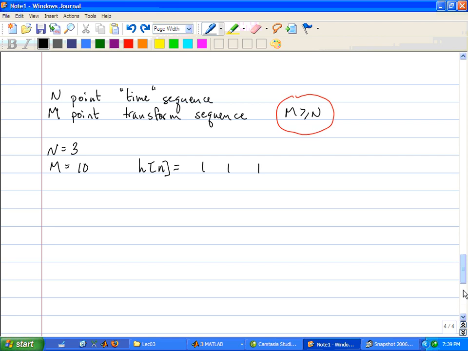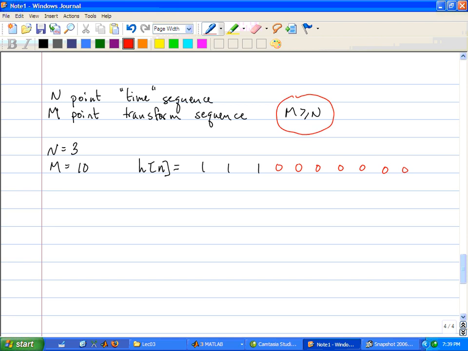The answer I'm hearing is I zero pad. So before I take this h and I stick it in that formula, I'm simply going to pad it with 7 zeros: 1, 2, 3, 4, 5, 6, 7, 8, 9, 10. Okay. Now I have a 10-point sequence. I take the DTFT of that, and that magic property of my DTFT is that it has the same number of points out as it has going in.